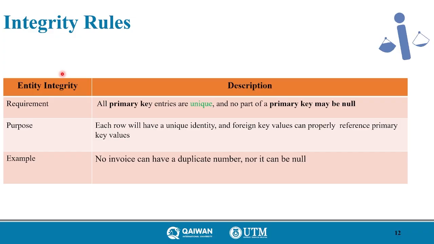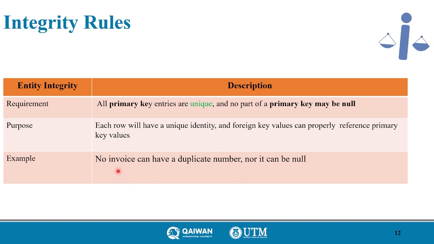Now we have integrity rules, starting with entity integrity. It says all primary key entries are unique and we cannot have a primary key null. The purpose is that each row will have a unique identity and a foreign key value can properly reference primary key values. So the first part would be, we will make sure that each row has a unique identity, and then if we use it by the foreign key, there will be no problem.